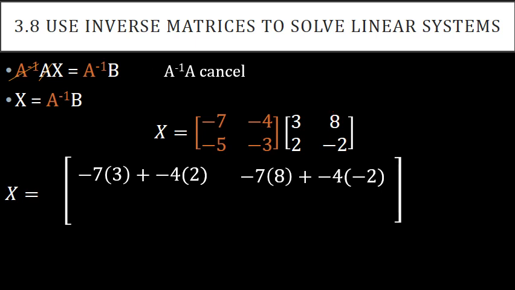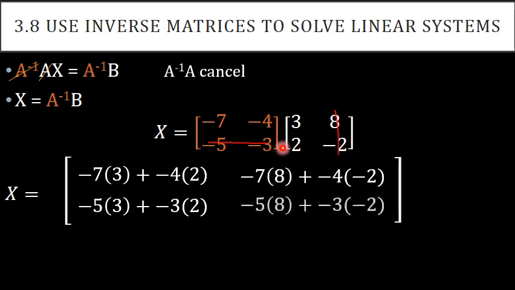And then second row, first column: negative 5 times 3 plus negative 3 times 2. And then second row, second column: negative 5 times 8 plus negative 3 times negative 2. Simplify each of those elements, and that's our answer for matrix X.